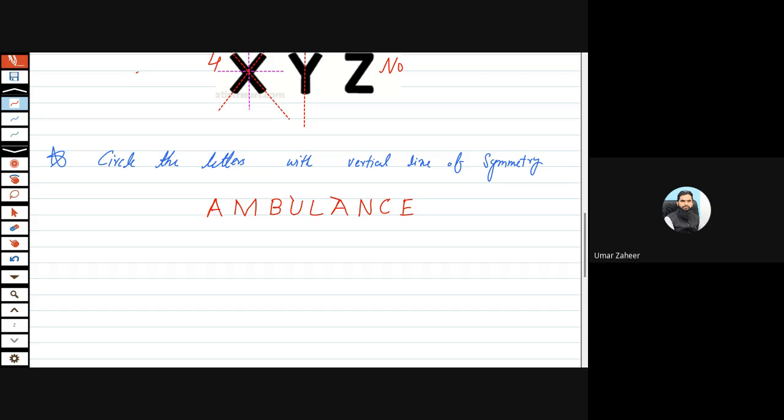Yes, anyone, how many lines of symmetry are in it? Which are the letters that have a vertical line of symmetry? Vertical only, not horizontal.